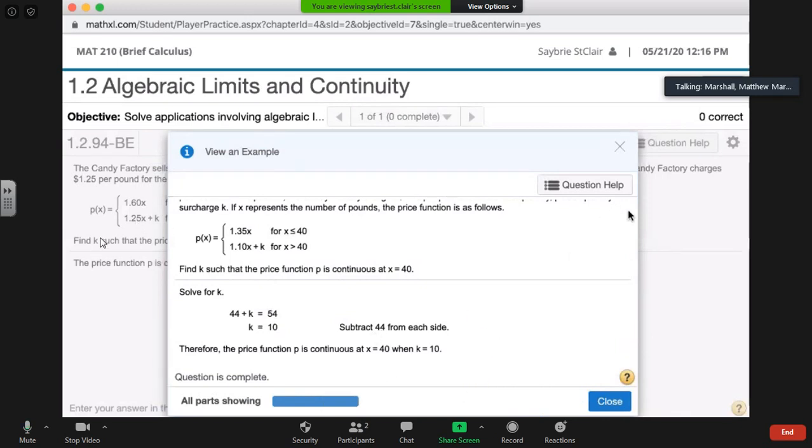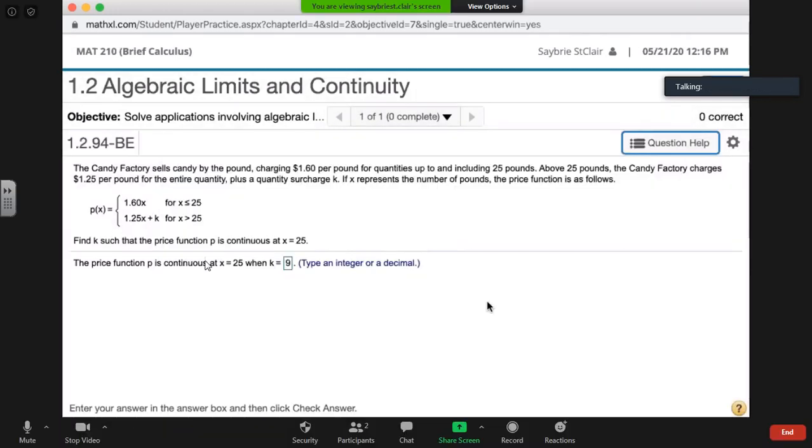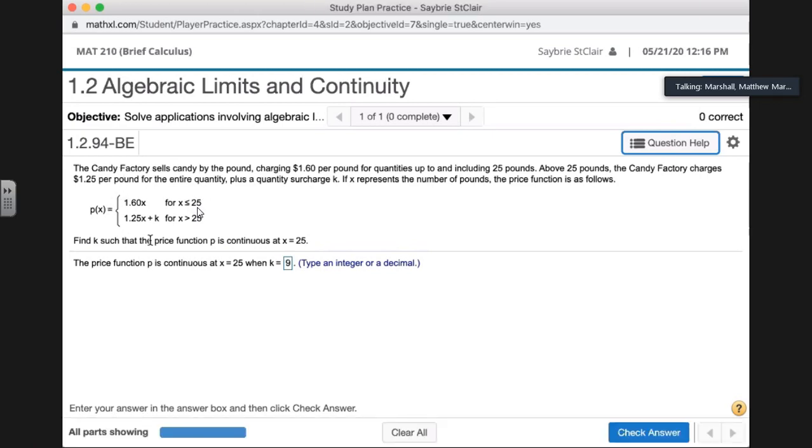Alright, let's see, back to the original problem that we just did. Oh, there we go, because we weren't using 25 on this one. We were doing that other problem. Oh well, we were doing it the right way.